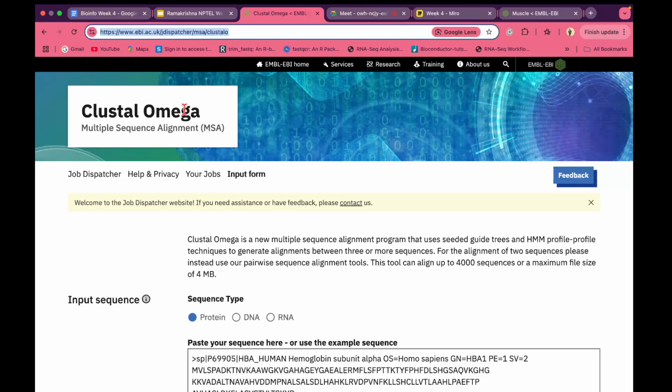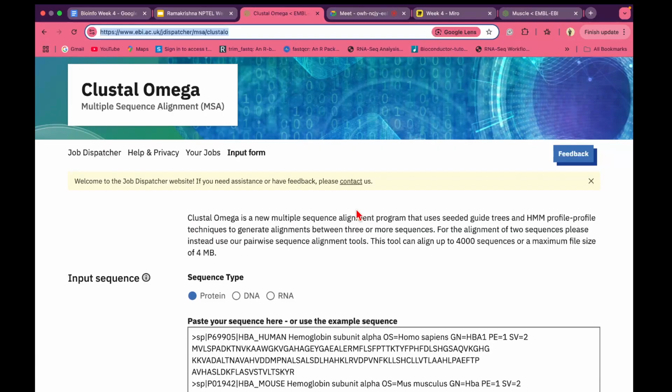This starts with the introduction to Clustal Omega, which is for multiple sequence alignment. It says Clustal Omega is a new multiple sequence alignment program that uses seeded guide trees and HMM profile techniques to generate alignments between three or more sequences.